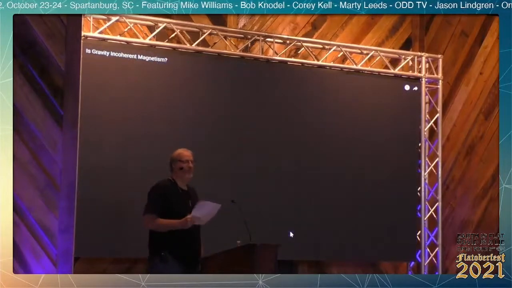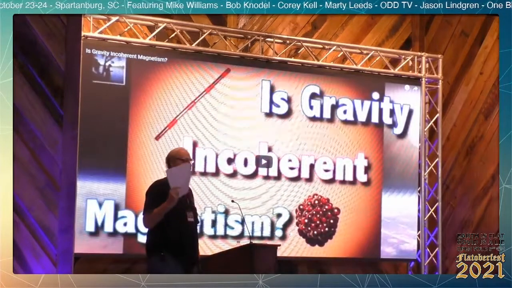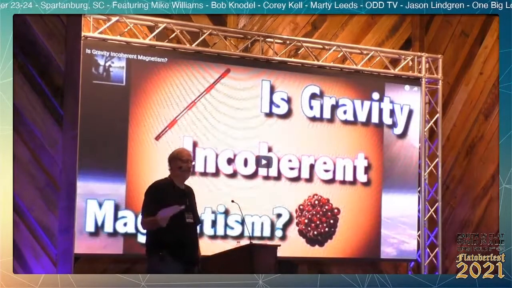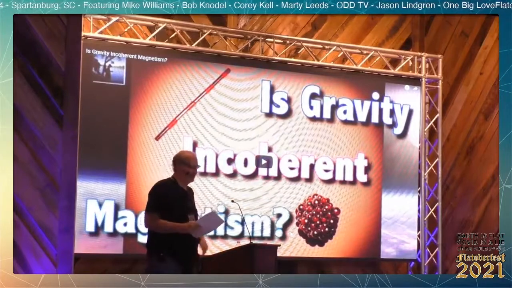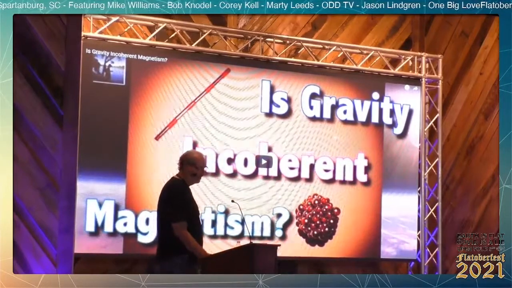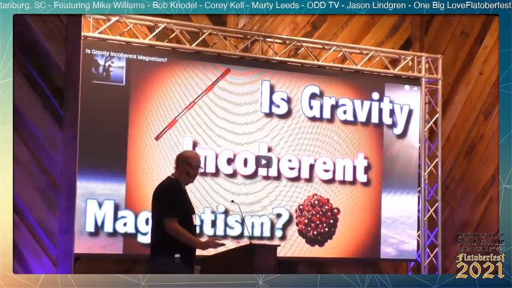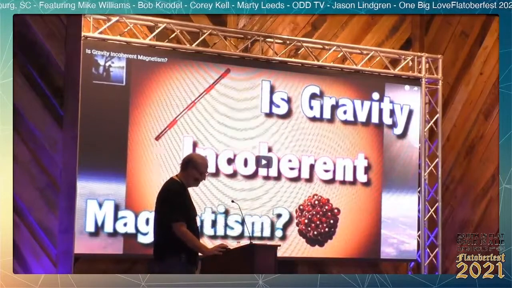Because we've also proposed before that gravity and electrostatic force and electromagnetic force are three heads of the same beast, okay? So I'm going to play this and we'll get a better idea of how that works out, and then we'll move forward. So here we go, and this one will do audio.